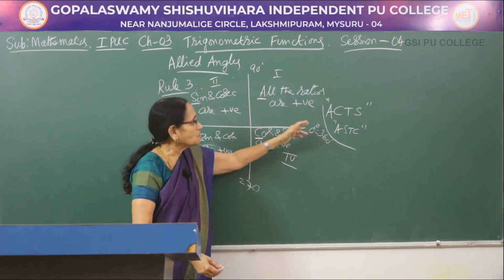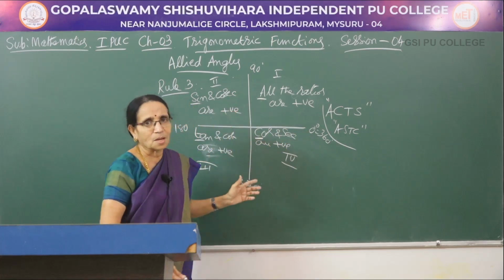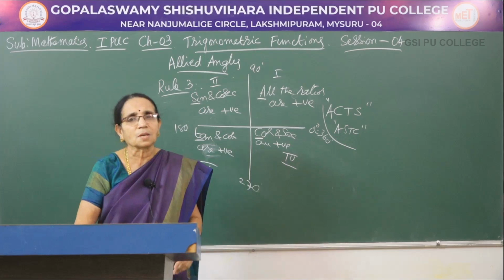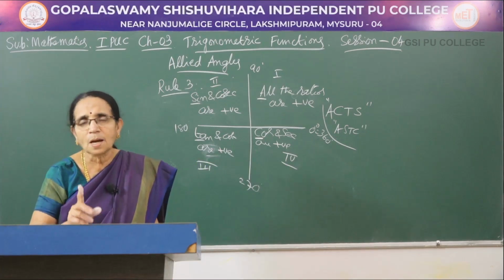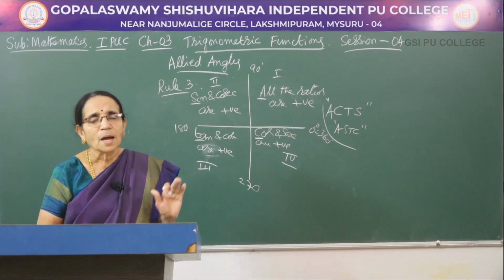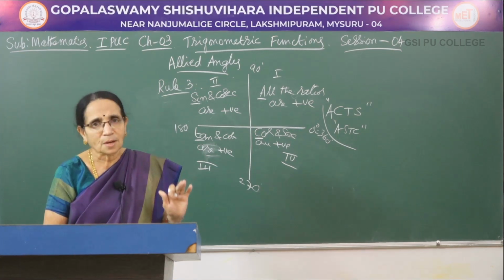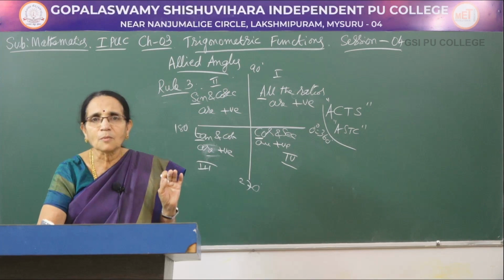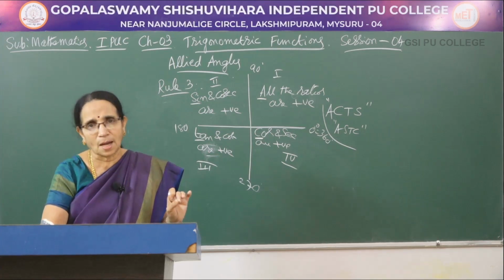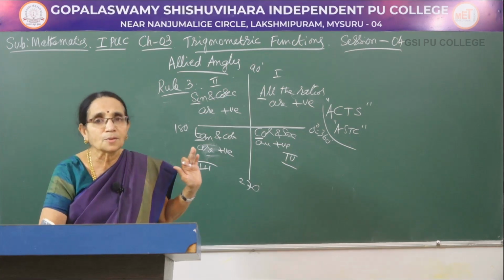So, this would be the ACTS rule or ASTC. Both give us only the sign of the trigonometric ratio. Rule 1 and rule 2 tell us the value of that one, and rule 3 gives us the sign of that one. So, to find the value and sign of any trigonometric ratio of any given angle, you have to use these 3 rules.